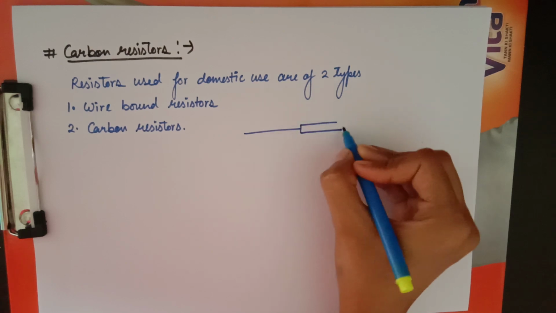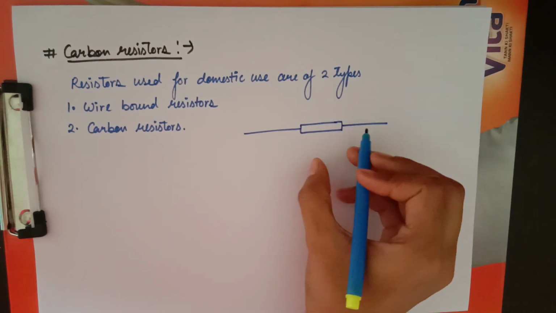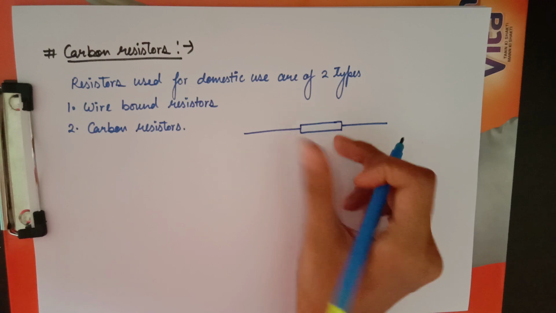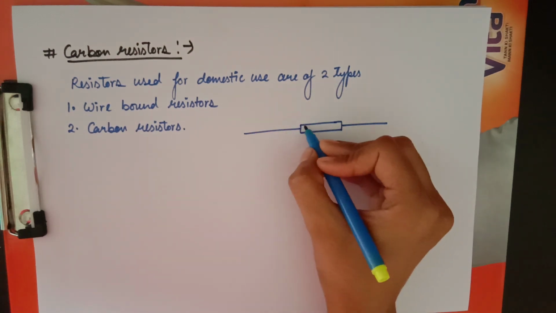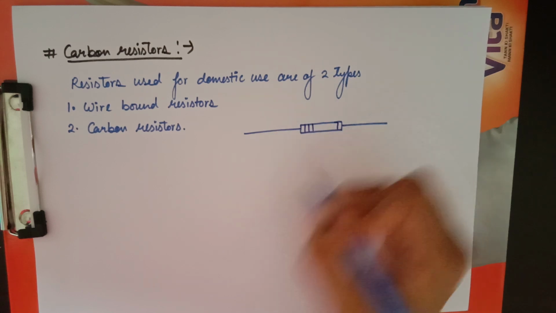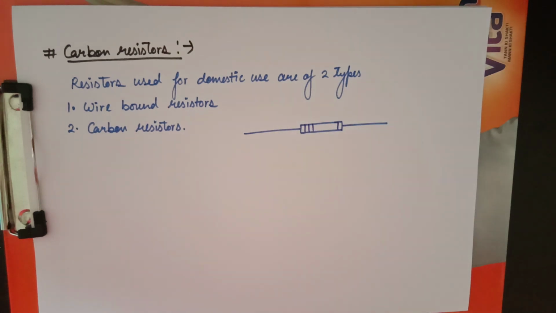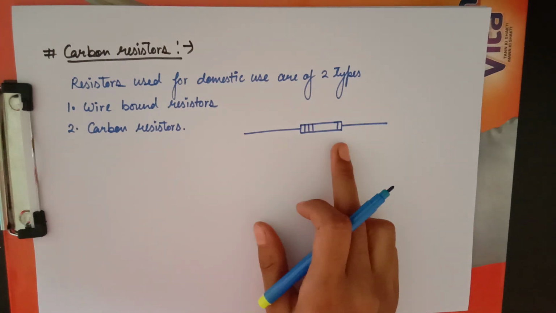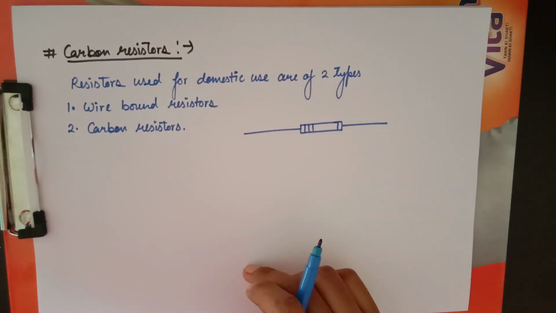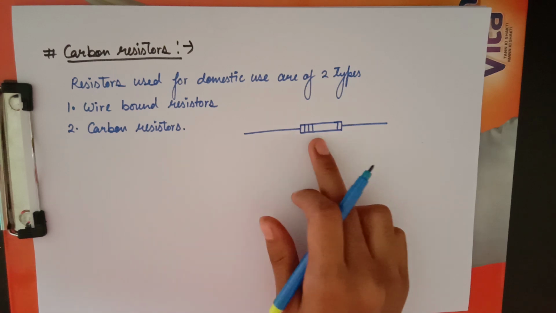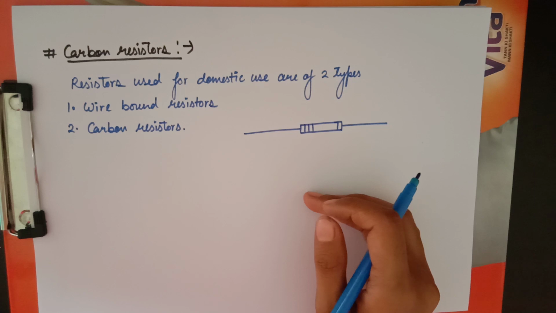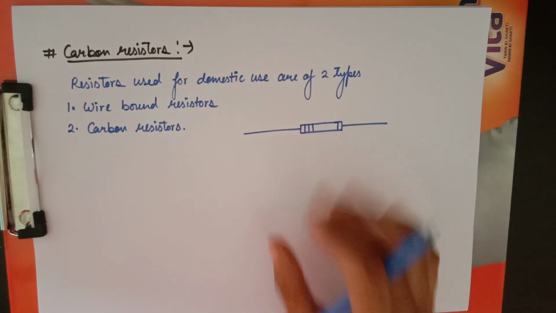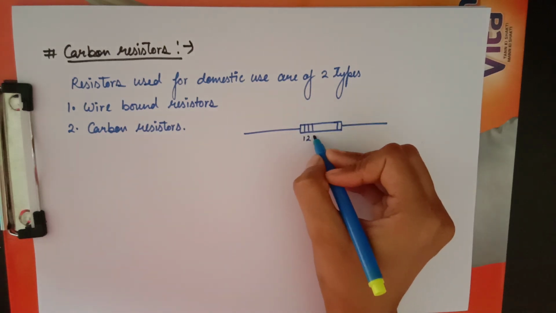Carbon resistors look like this: a small porcelain strip, which has two ends of metal, and there are small strips of different color. Each colored strip indicates a different color code, and these colors tell the value of the resistor, how much resistance this resistor has. 1, 2, 3, 4.